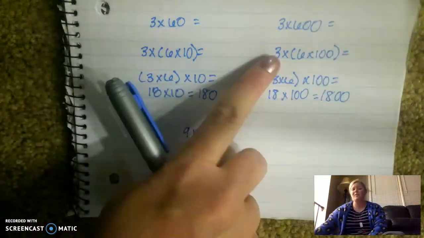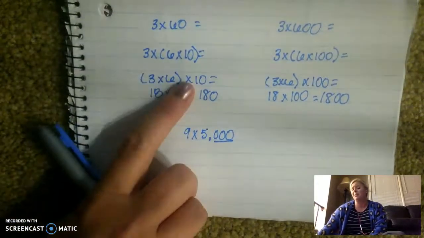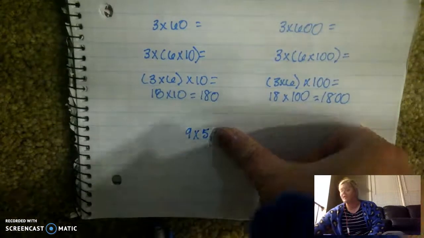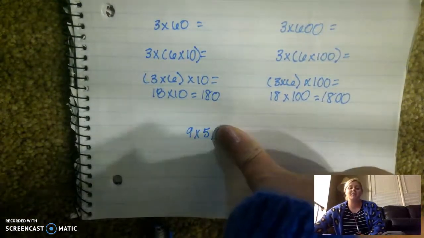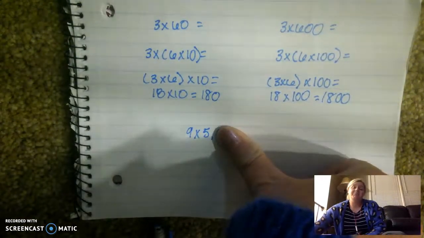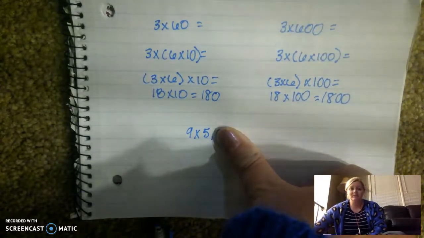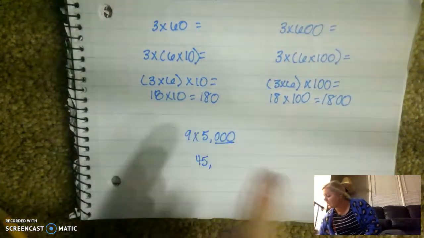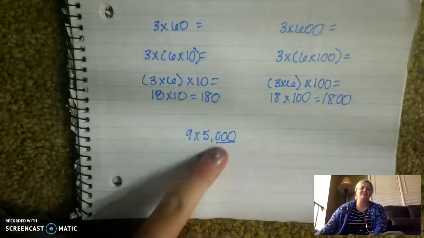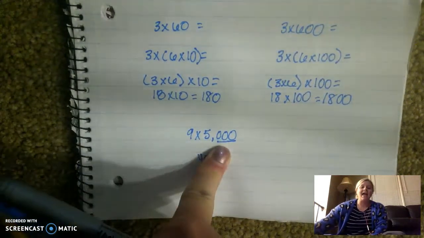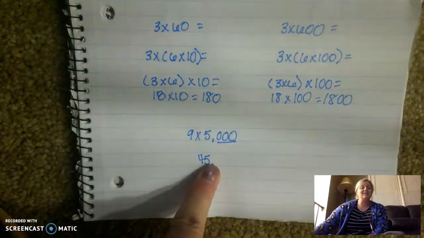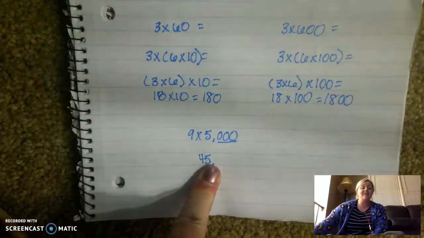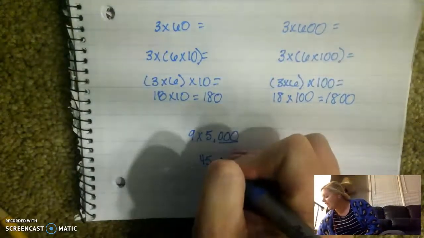I'm not even going to go that extra step with the associative property and break this up. I'm going to look at my multiplication problem. 9 times 5. 9 times 5 is what? 45. And how many zeros do I have at the end? I have 3. So how many zeros should I have at the end of this? I should have 3.